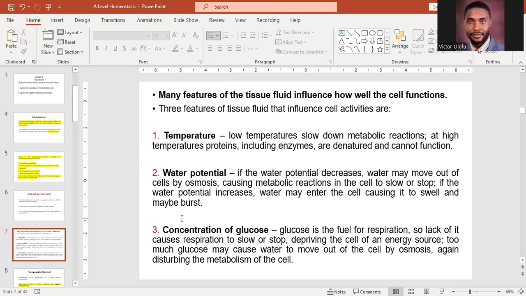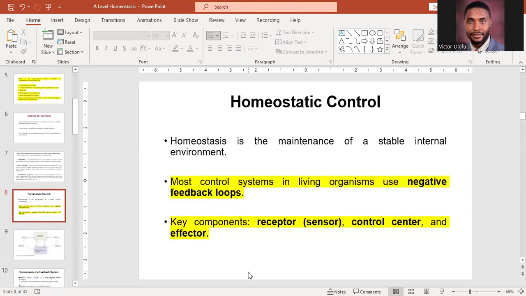So low glucose level means that metabolic activity reduces. High glucose level means that too much glucose may cause water to move out of the cell by osmosis, again disturbing the metabolism of the cell. Therefore, these factors need to be balanced. If they are not balanced, it's going to cause problems to the cell.